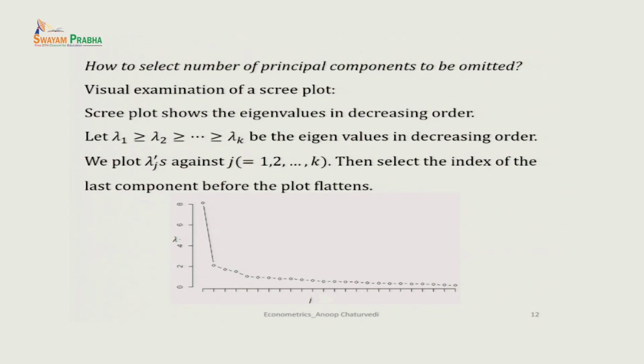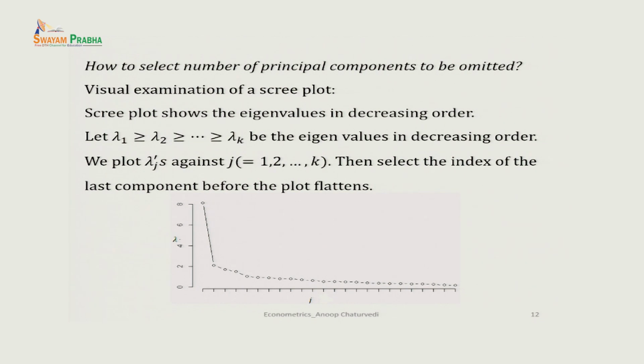But it reduces the variance of the OLS estimator so much that the ultimate mean squared error, which is the variance plus bias times bias transpose, is lower than the variance of the OLS estimator.